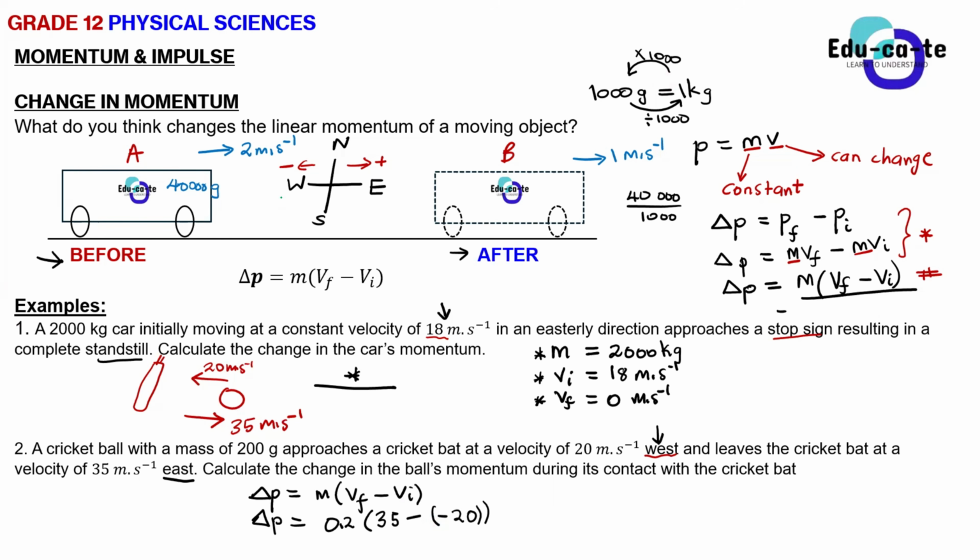So if you didn't use positive or negative, just east or west, you must write next to it that east represents the positive direction. Is that clear, guys? Yes. You should do something like this so that the marker can see what your intentions are.